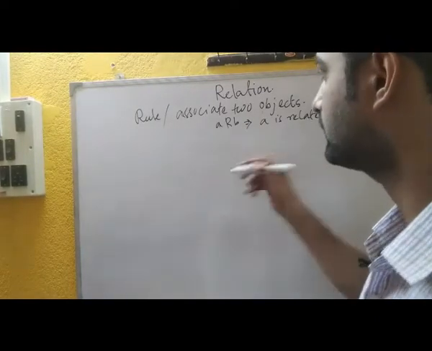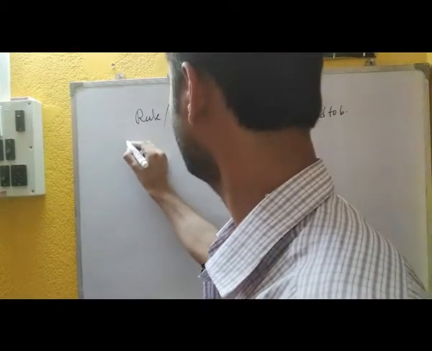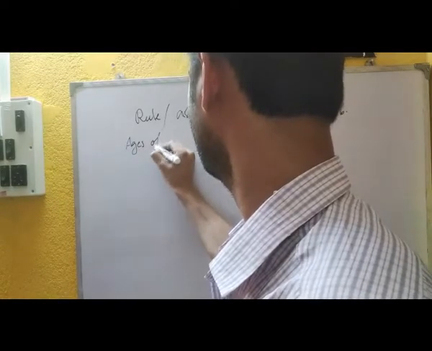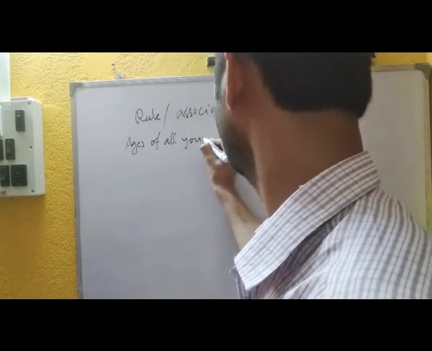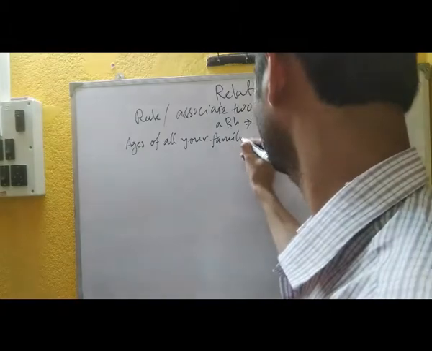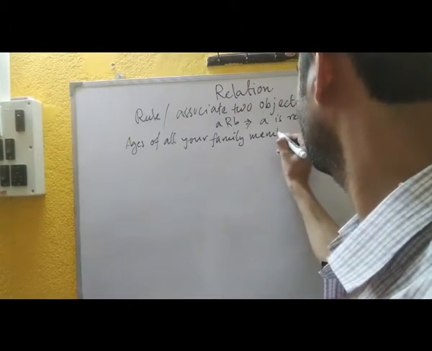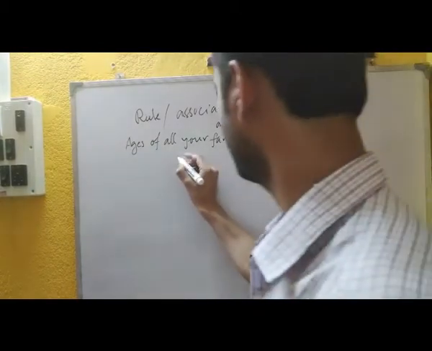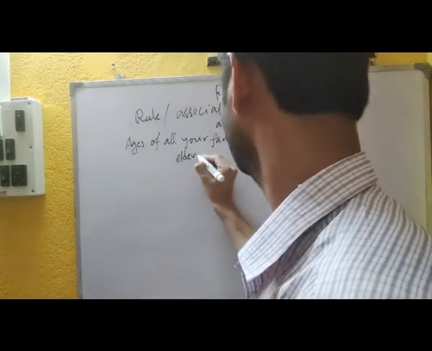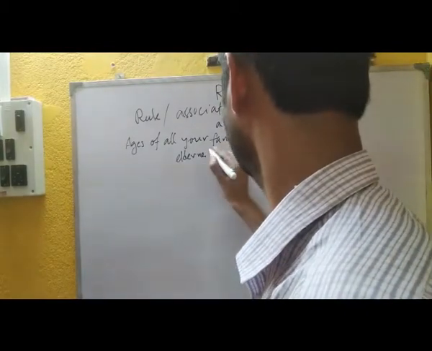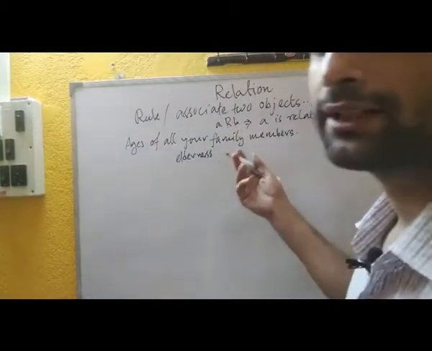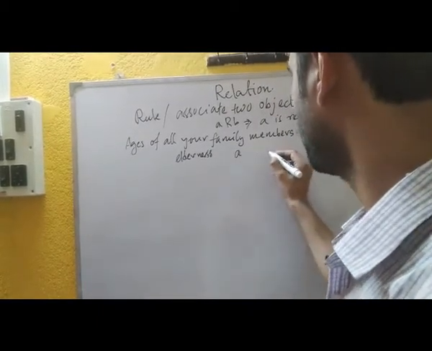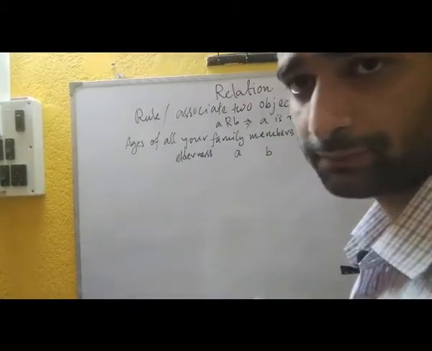So, for example, suppose you are considering the ages of all your family members. So what relation can be there? It is the elderness. Means who is elder than whom? Suppose you are considering your parents, and A is your father and say B is your brother.